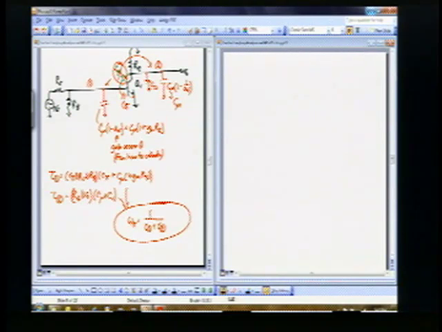So this is a multi-stage example. For the multi-stage example, let's go back to that emitter-coupled pair that we had looked at before. So just this circuit here.